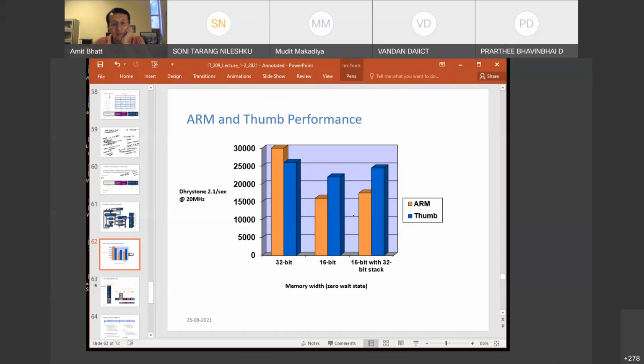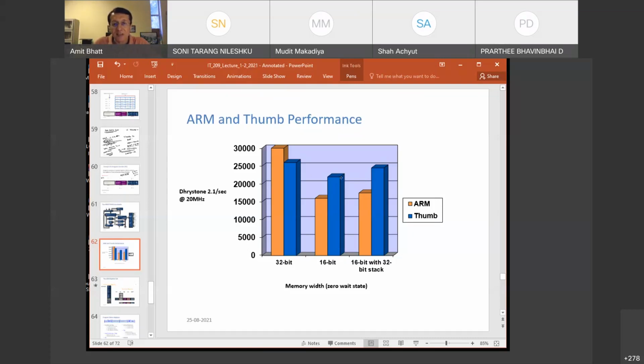Because it can fetch 2 instructions at a time, because 16 bits? No. Because at a time only one instruction can be executed. See, even if your data path is 32-bit, only 16-bit would be sent with all zeros in front. Because if you send 2 instructions at a time, you don't have an inline processor, you don't have a mechanism to separate them out.